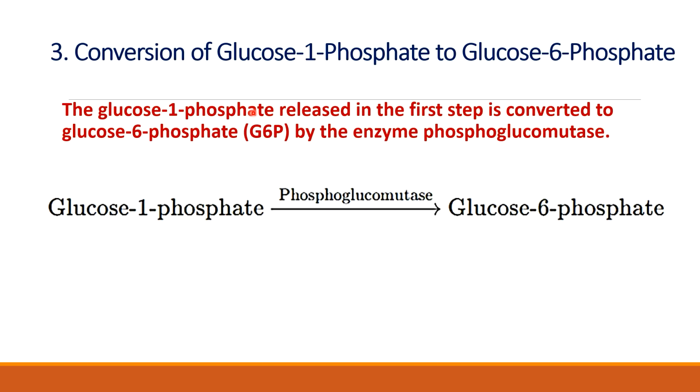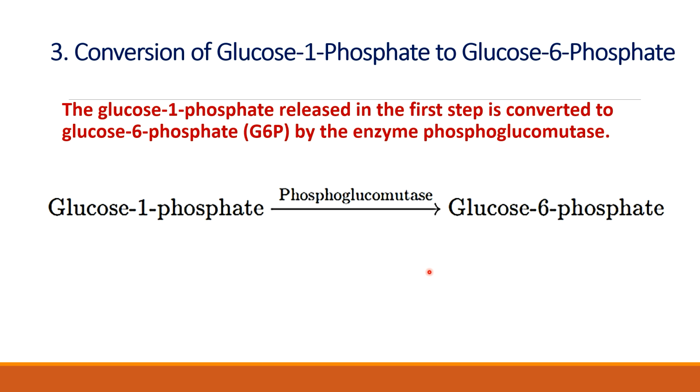The third important step is the conversion of glucose 1-phosphate to glucose 6-phosphate. The glucose 1-phosphate which is released in the first step has to be converted to glucose 6-phosphate, and this is done by the enzyme phosphoglucomutase. This enzyme works via a transient state where glucose 1,6-bisphosphate is formed as the intermediate.